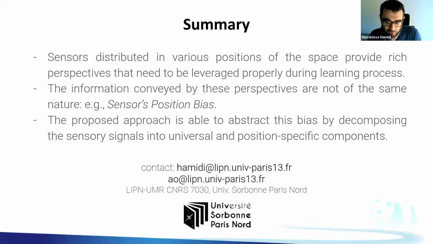So to sum up, what we saw together is that smart sensors in various positions of the space provide rich perspectives and contribute in different ways to the learning process. However, the information conveyed by these different perspectives or views is not necessarily of the same nature, and in standard learning configurations, this noise is unfortunately not without consequences. This is what we call the sensor position bias.